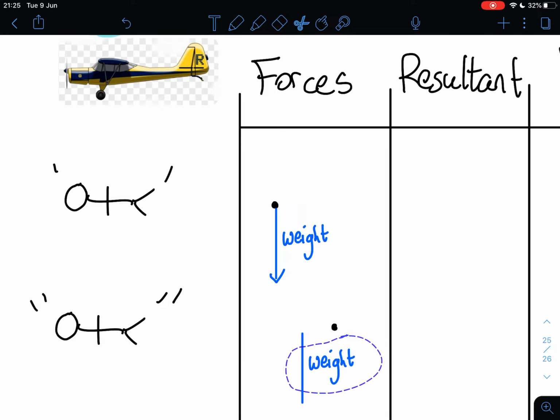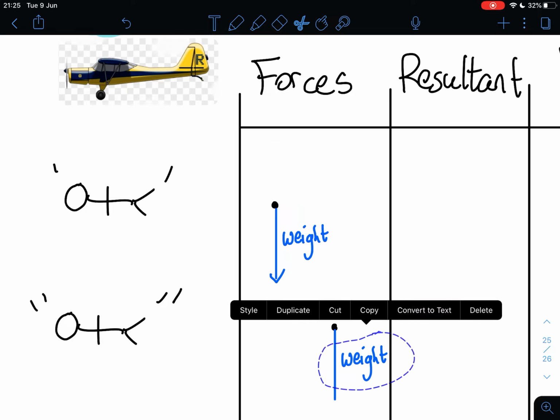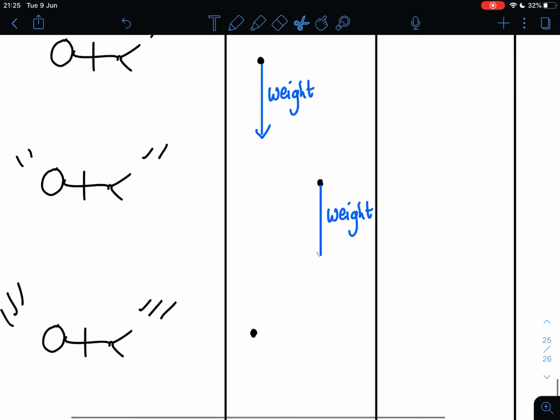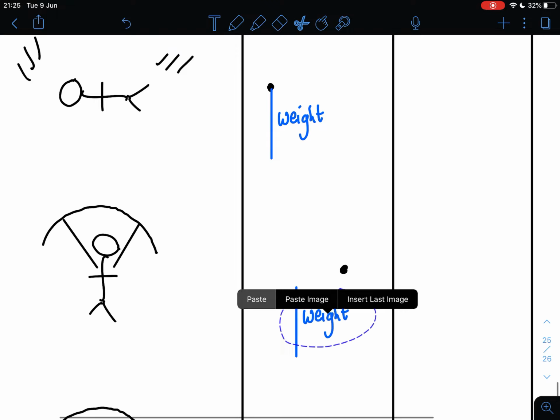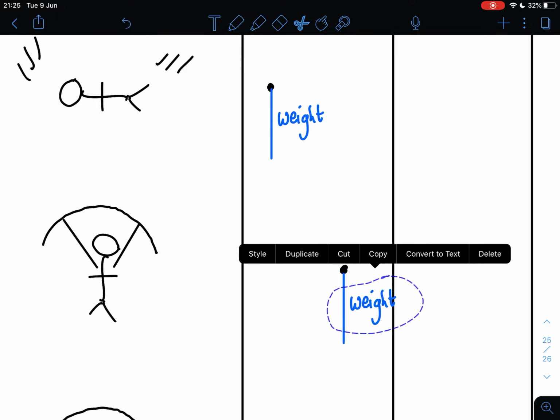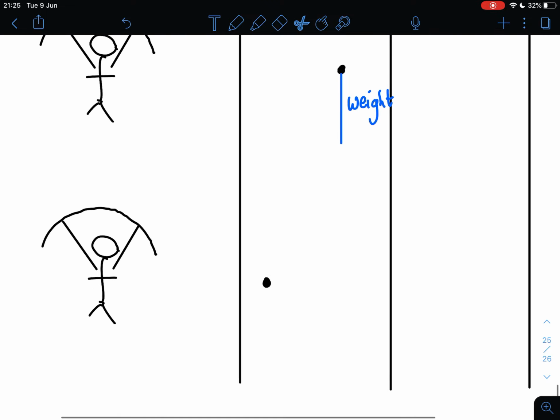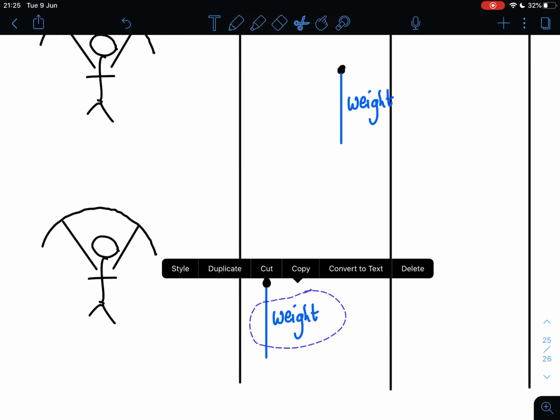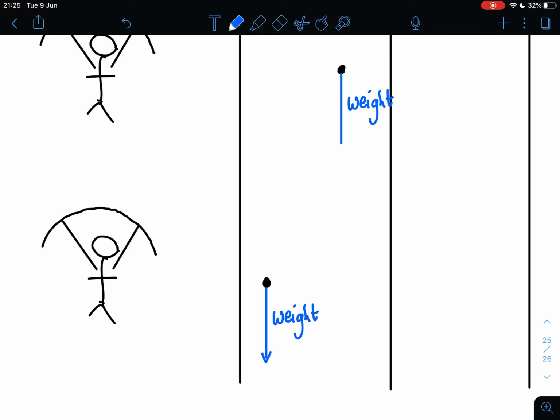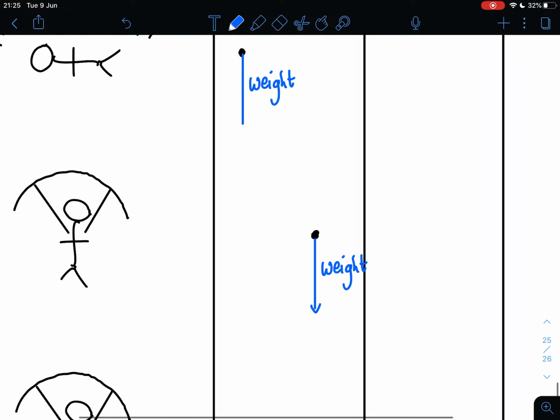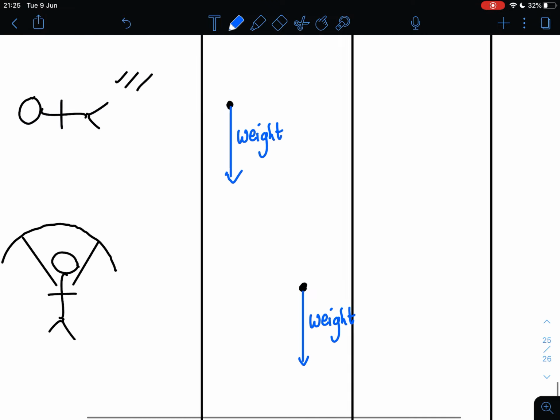So I can quickly paste the weight for each of these. I know exactly what they're going to be. The only way you would lose weight in the free fall is if you chopped a bit of your body off or you did a remarkably large poo, both of which I don't recommend doing during a free fall. So there's the weight.